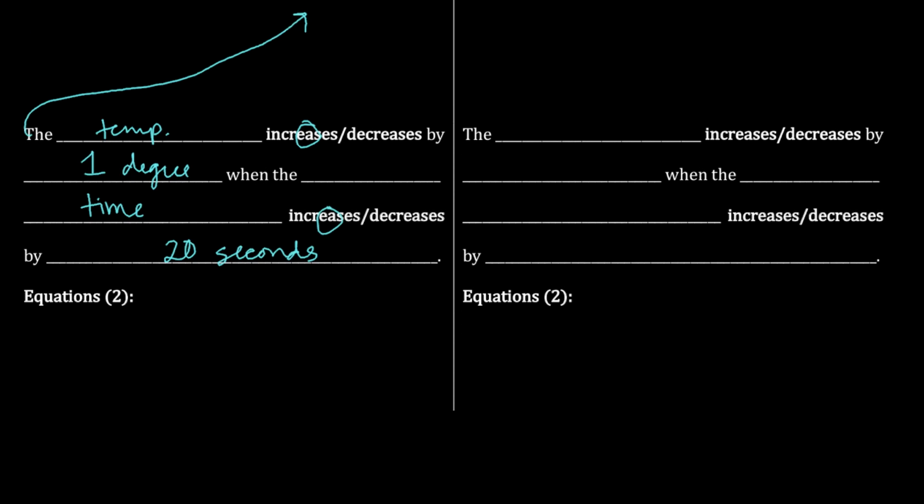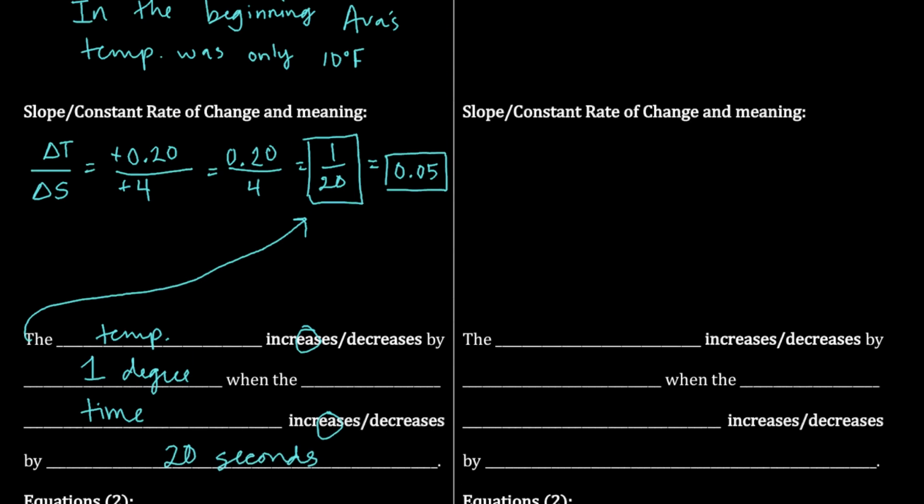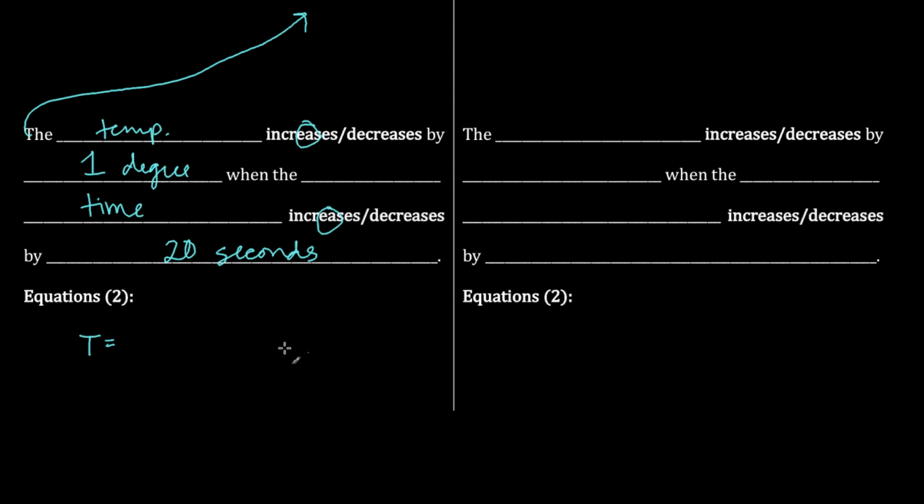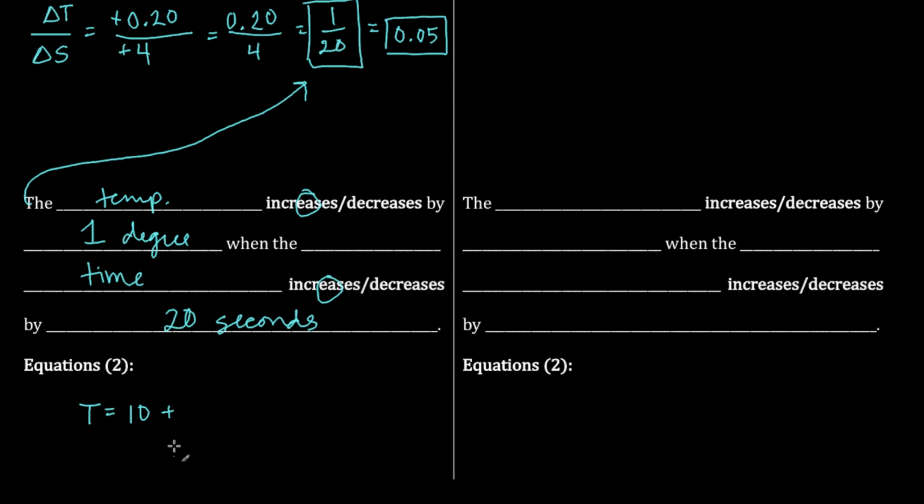Cool. So the dependent variable is the temperature. The temperature starts off at 10 degrees and it increases by 1/20th of a degree every second.